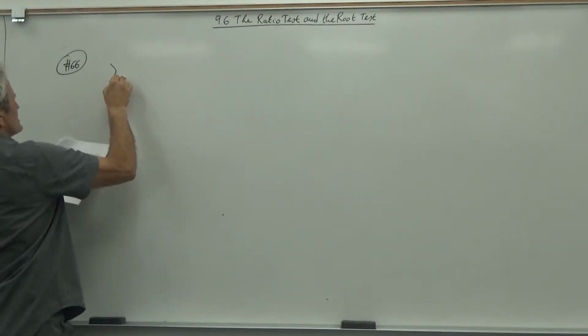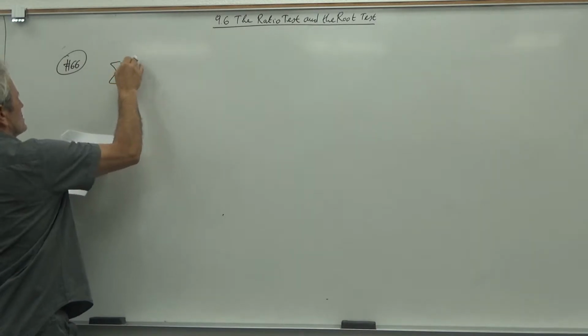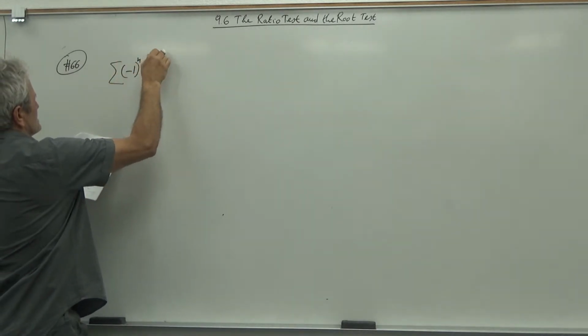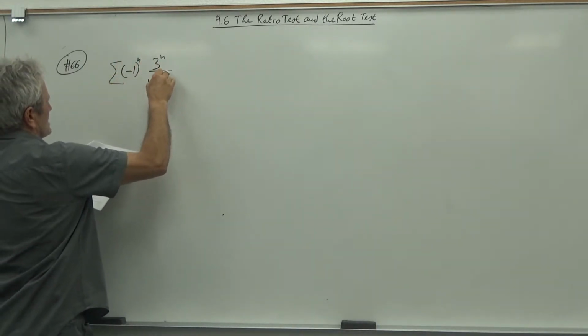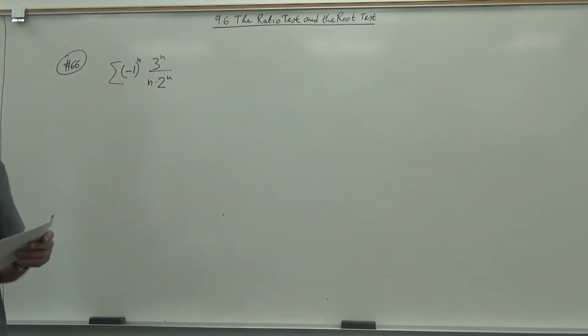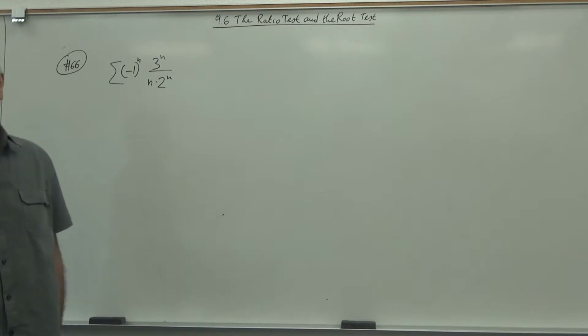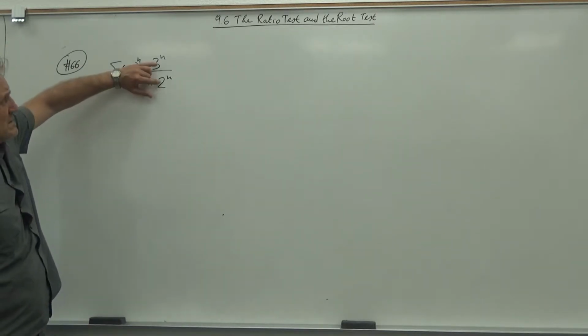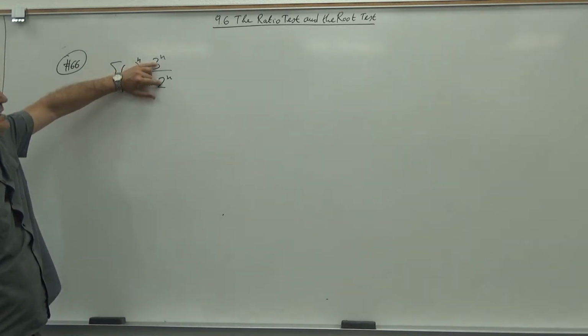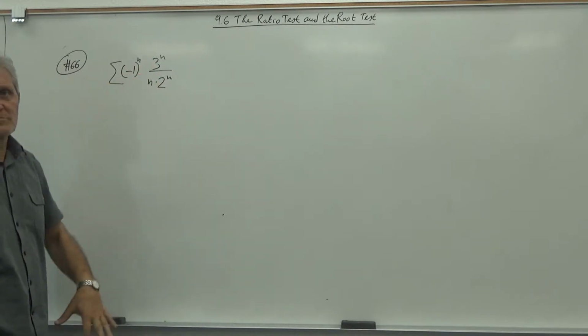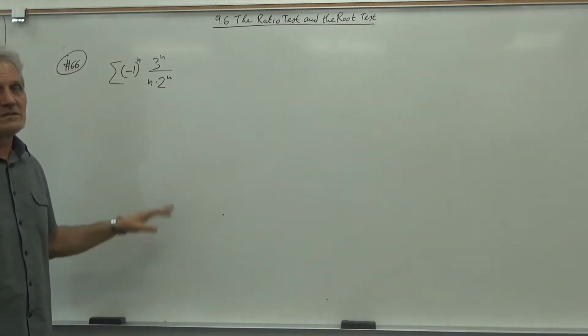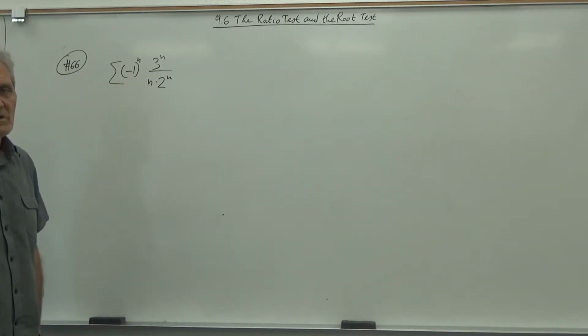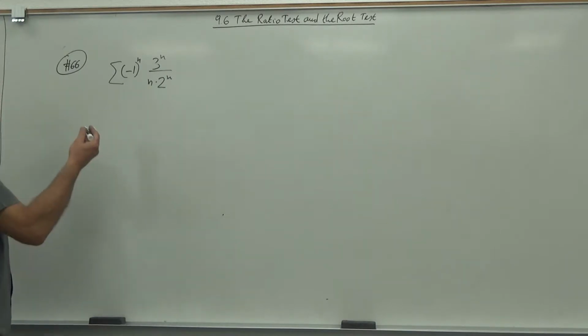Discuss the convergence of the series negative 1 to the n, 3 to the n over n times 2 to the n. Again, just looking at it, we see that it will diverge. Why? Because look, this is greater than 1. And this little n puts a little weight in the denominator, but it's too weak compared to the exponential, so it will diverge. Let's run the test.